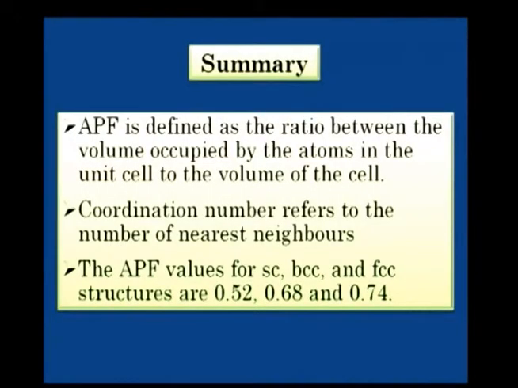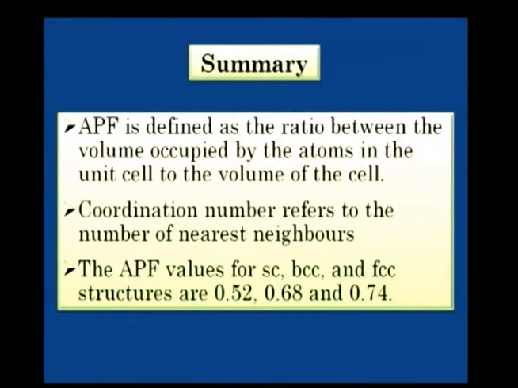Let me now summarize what we have learned from this lecture. The atomic packing fraction is defined as the ratio between two parameters, the volume occupied by the atoms to the cell volume. Second point is about the coordination number. Coordination number refers to the number of nearest neighbors.